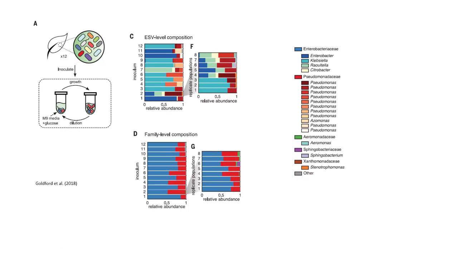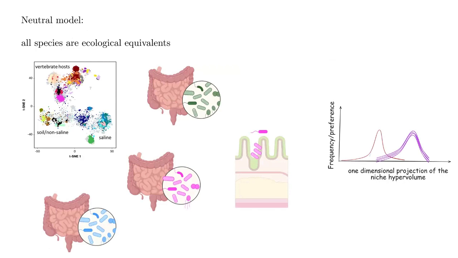But if you go to a finer scale, they're basically equivalents. And then what ultimately dominates in the community is maybe the product of some random or stochastic processes. That's where you could maybe use a neutral model to say how you would generate these communities where different species coexist, but they are basically ecological equivalents, like here.